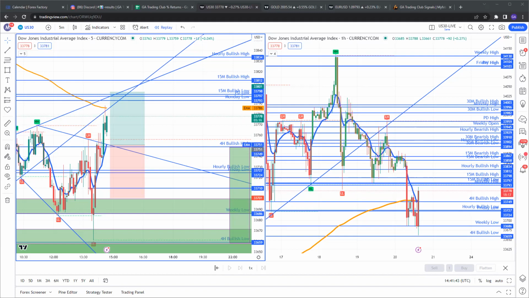I'm still setting this. Okay, and then I just have to manually manage it. Stop loss is 33.699. Not sure if it's gonna come back down. TP is 33.8.